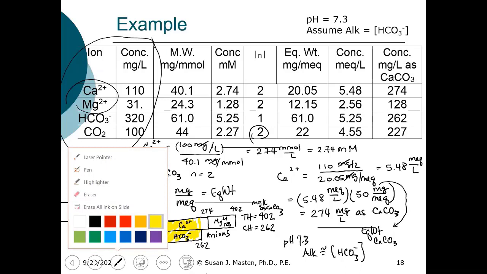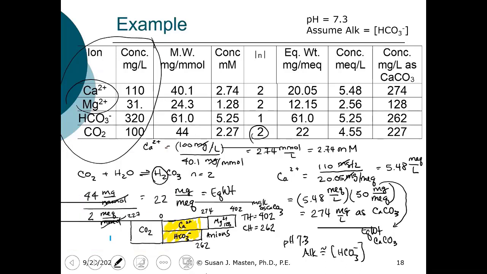Then I'll highlight, let's pick a different color. This portion here corresponds to what? So the blue portion corresponds to, so yellow is carbonate hardness. The blue corresponds to what? Total hardness?